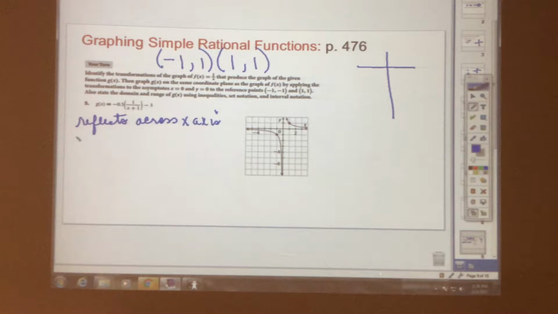We also know that it does what? It has a vertical compression by 1/2 or 0.5.